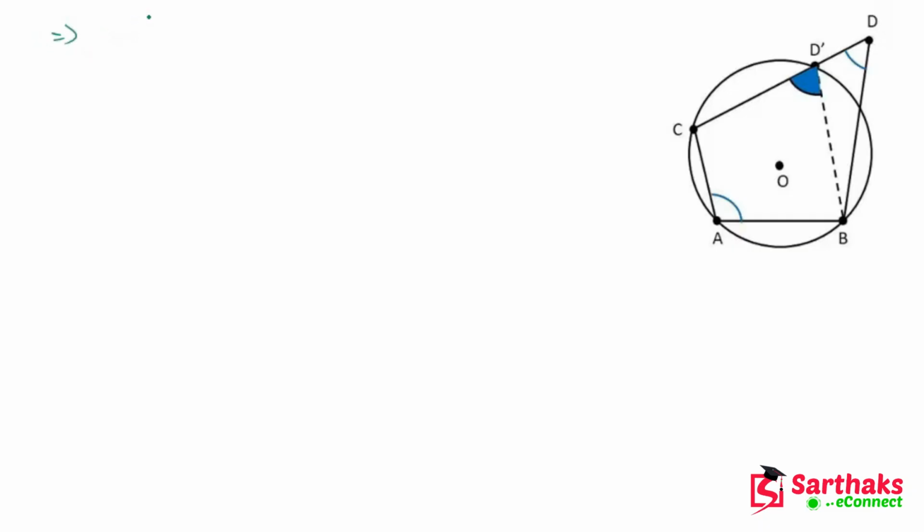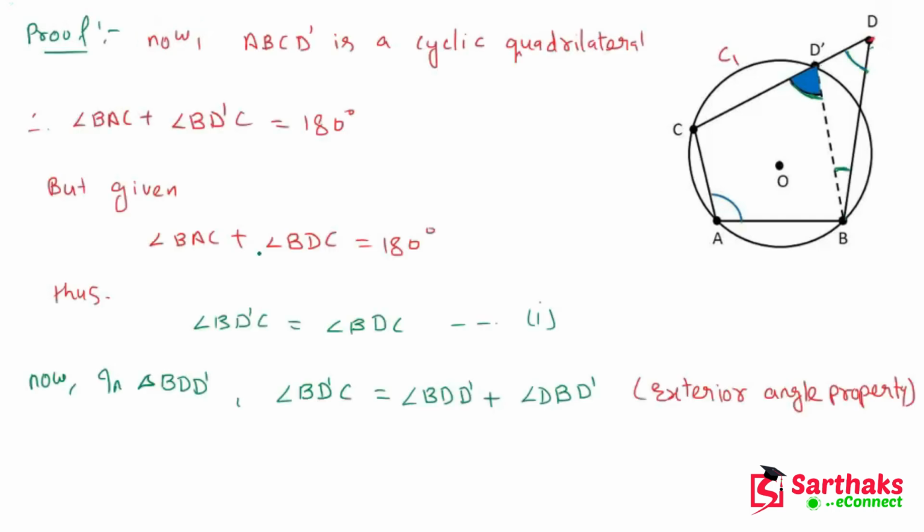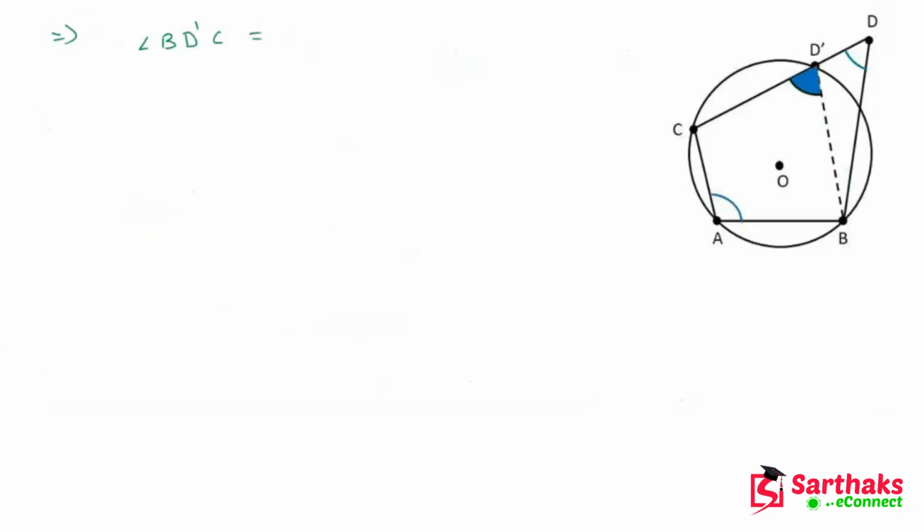So now angle BD dash C is equal to angle BDC plus angle DBD dash.